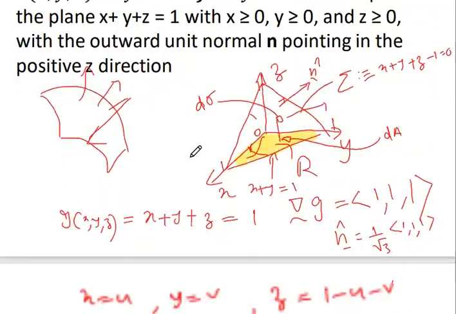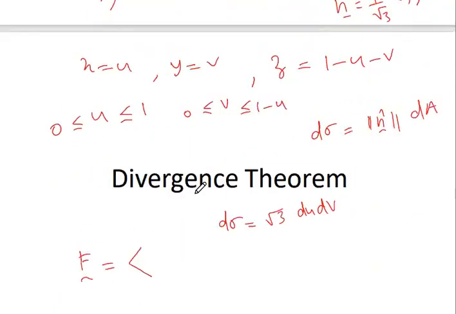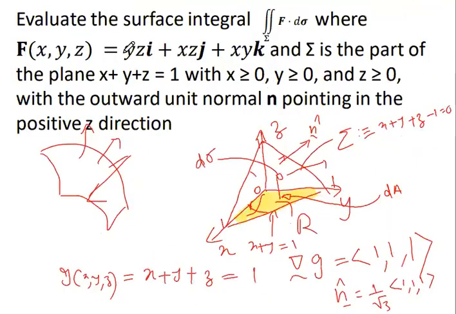Y is equal to v and z is equal to 1 minus u minus v. So that is the x component written in terms of u and v.